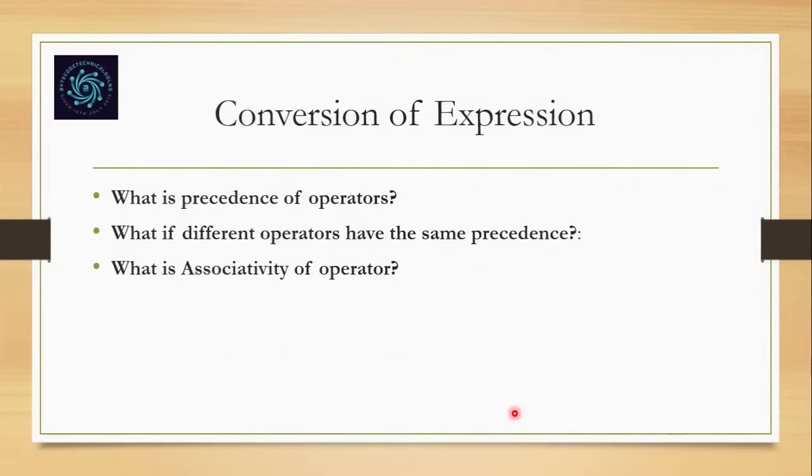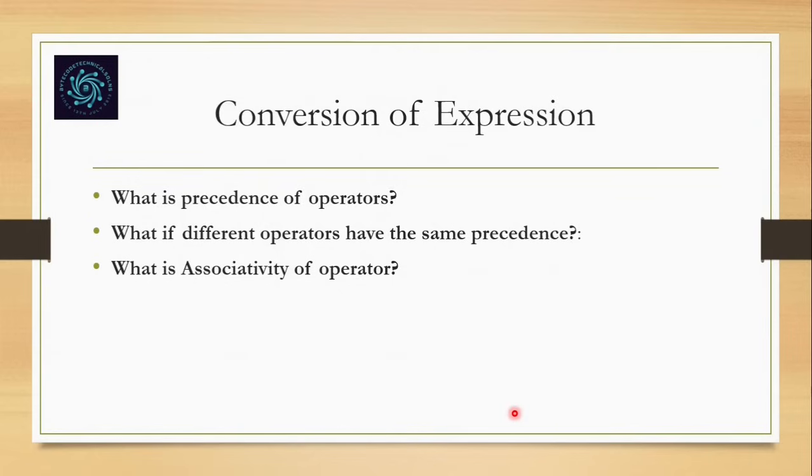So the next question is, what if we observe two operators in the expression with the same precedence? At that time what do we have to do? During the evaluation process, if two or more operators appear with the same precedence, then the precedence rules are not applicable, because they have the same values.